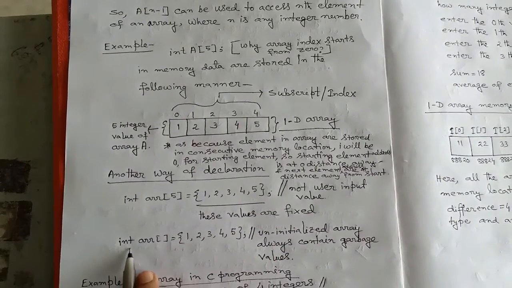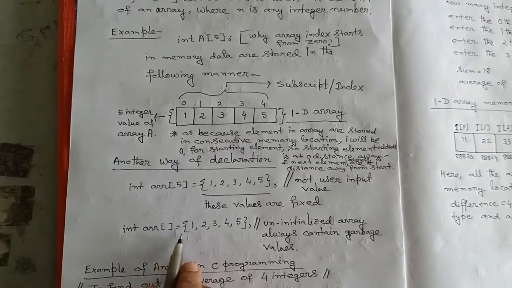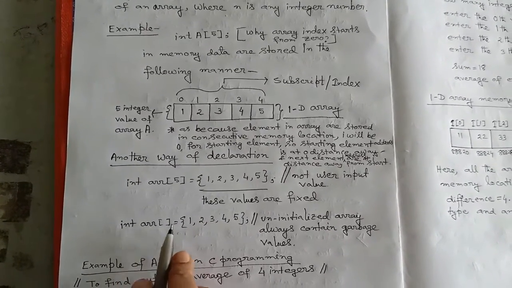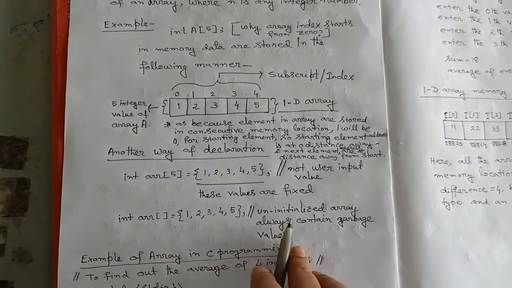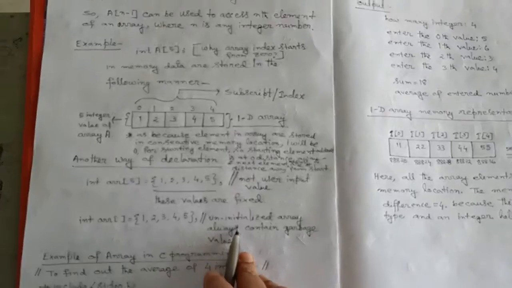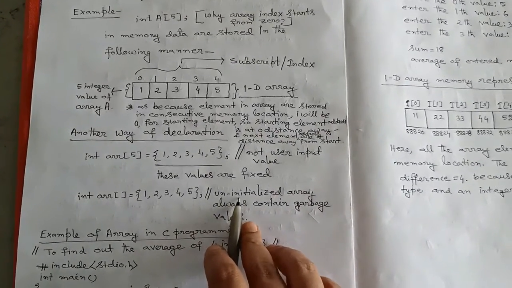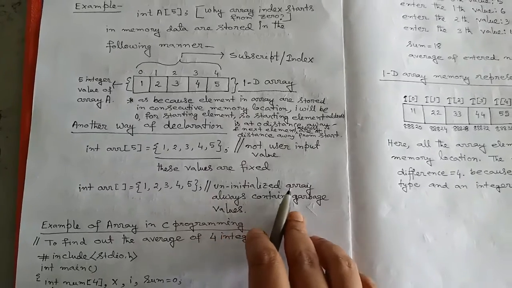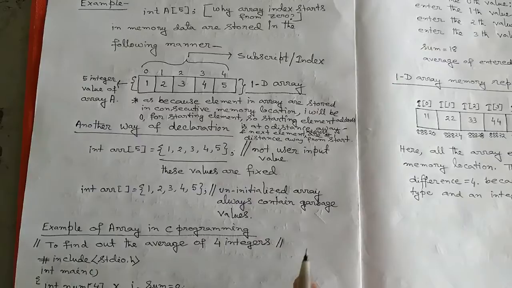There would be another representation, int arr[], where the size is blank and within the second bracket we put the value. Here one problem we face is that an uninitialized array always contains garbage values.